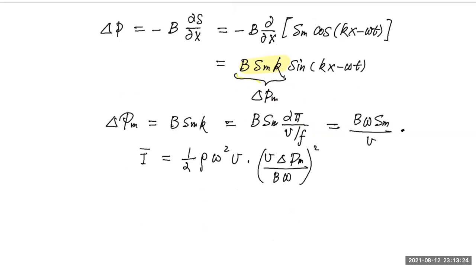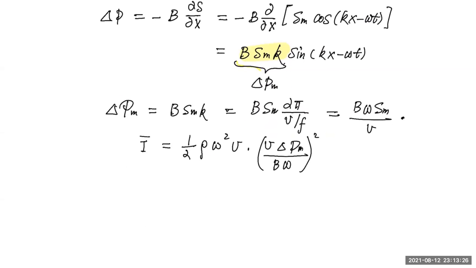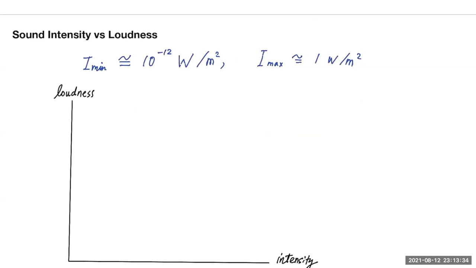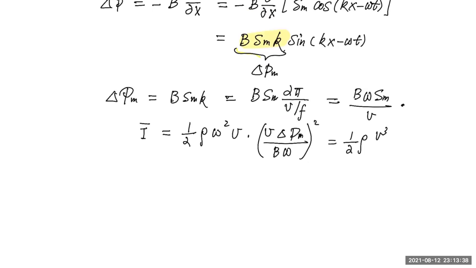Let's see what we come up with. Then you get 1/2 rho, and omega squared is gone. You have V to the power 3, delta P maximum squared, and there's a B squared.